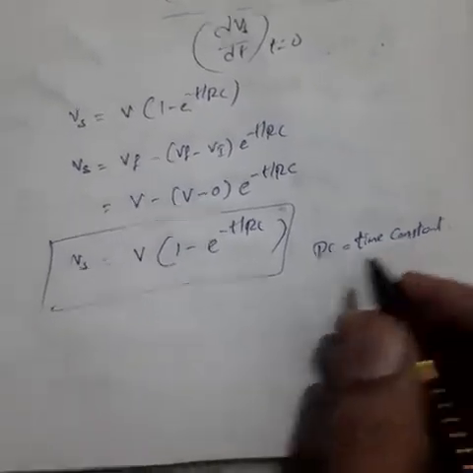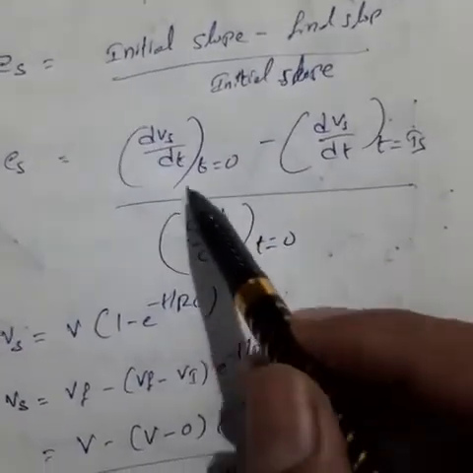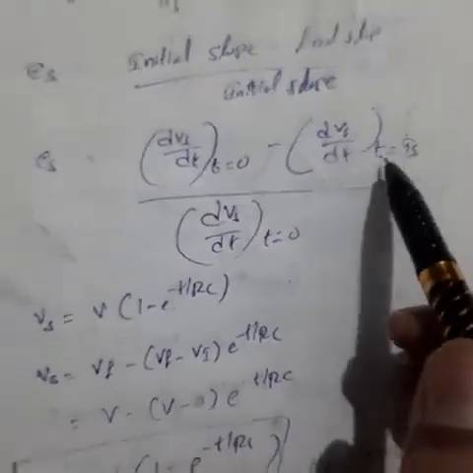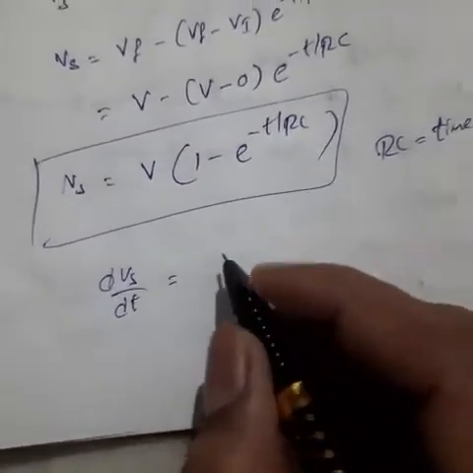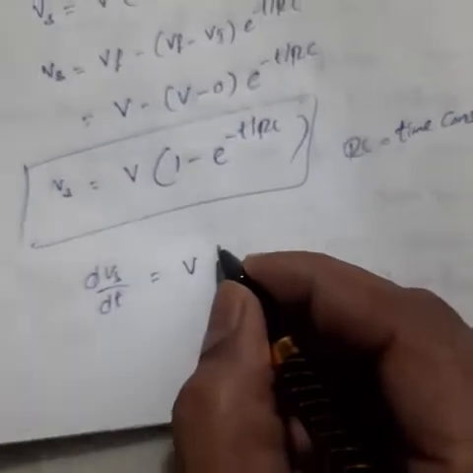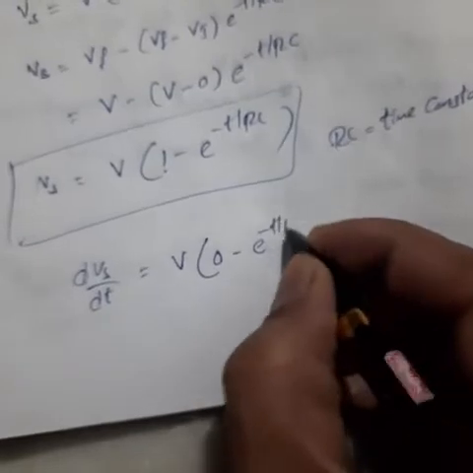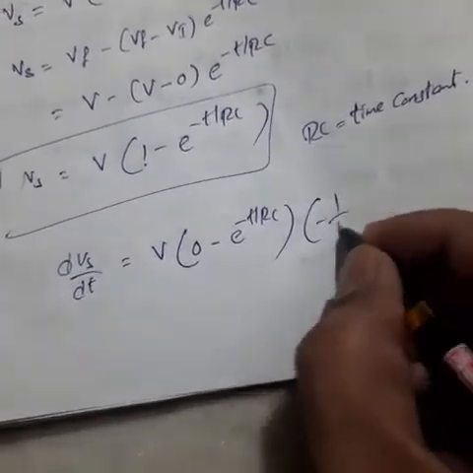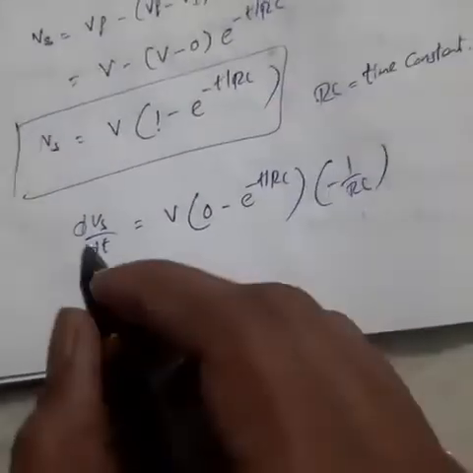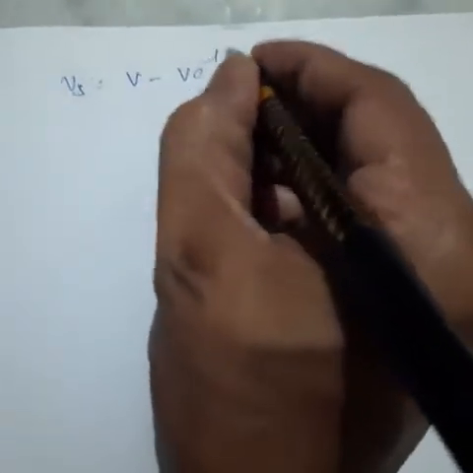We need two equations, the initial slope and the final slope. First differentiate with respect to t. dVs by dt equals V into 0 minus e power minus t by RC into minus 1 by RC. Otherwise, do it like this: Vs equals V minus V into e power minus t by RC.